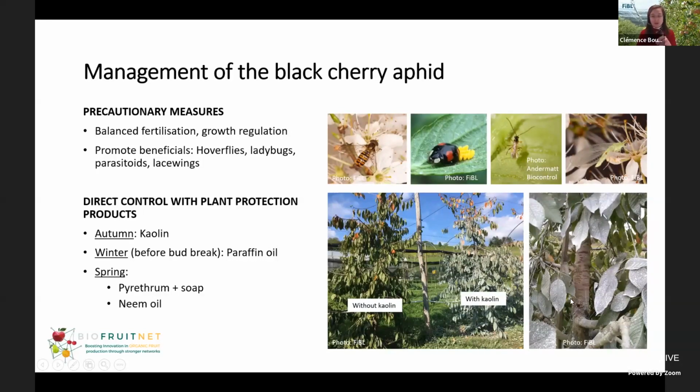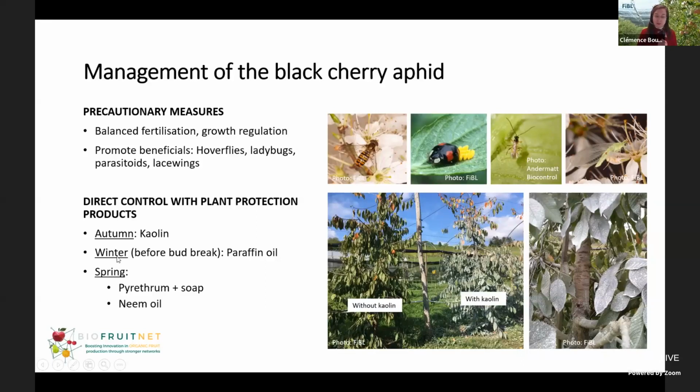When they land on the leaf, first of all, they don't recognize the tree as well. And when they land, they are caught up in this powder, and the mortality increases, while the fertility and fecundity of the aphids decreases.